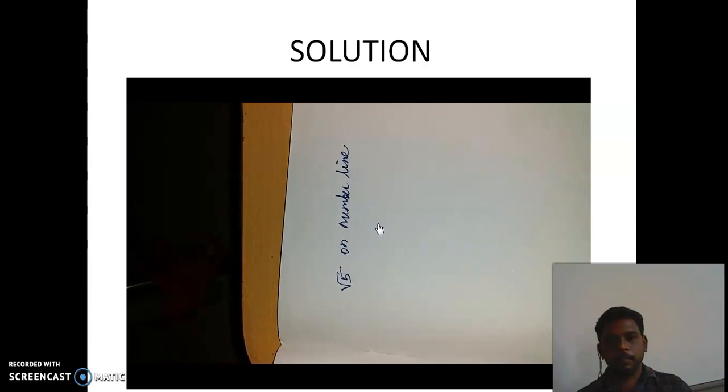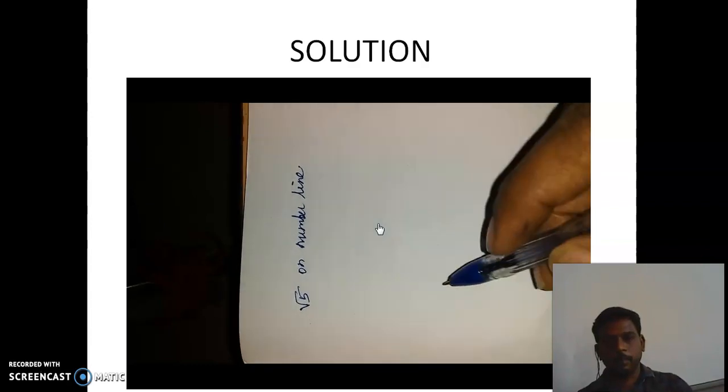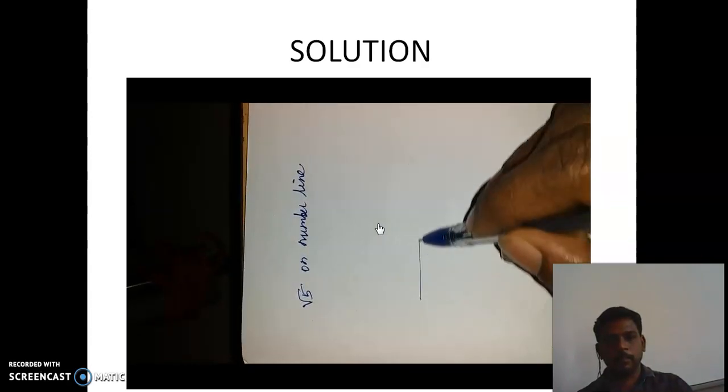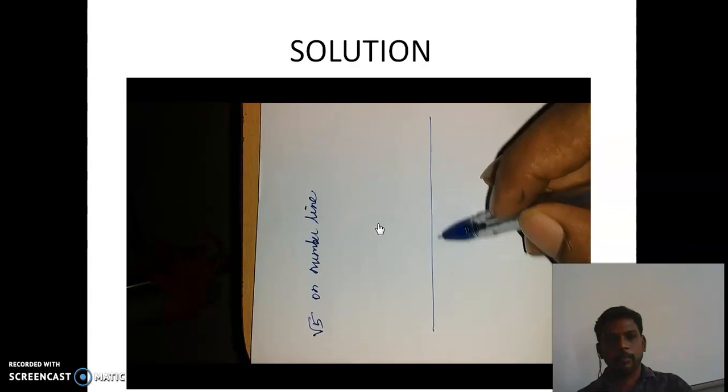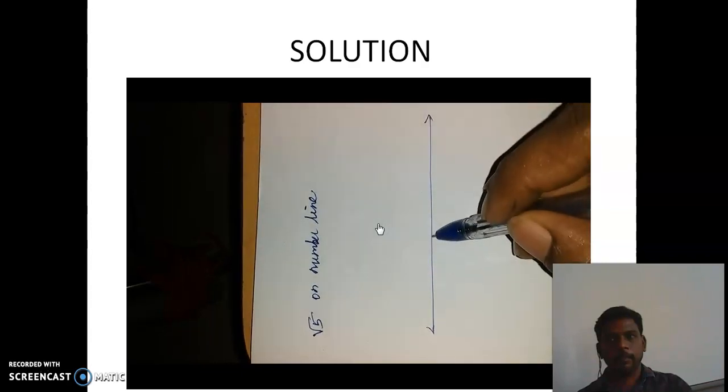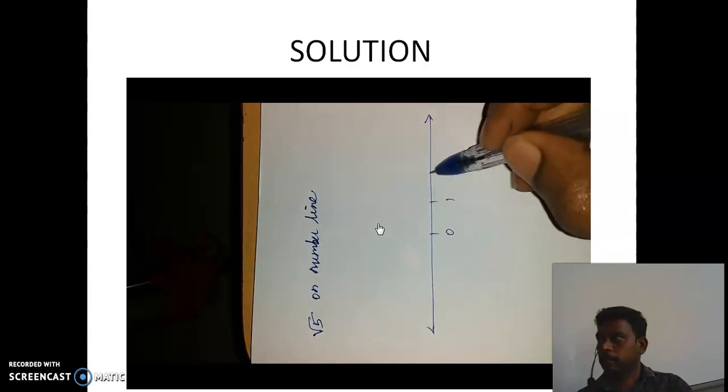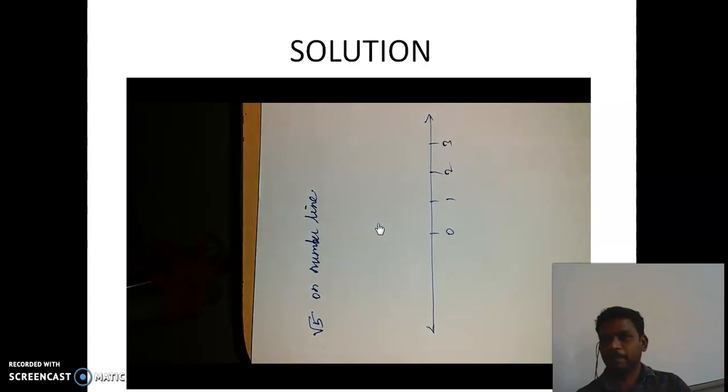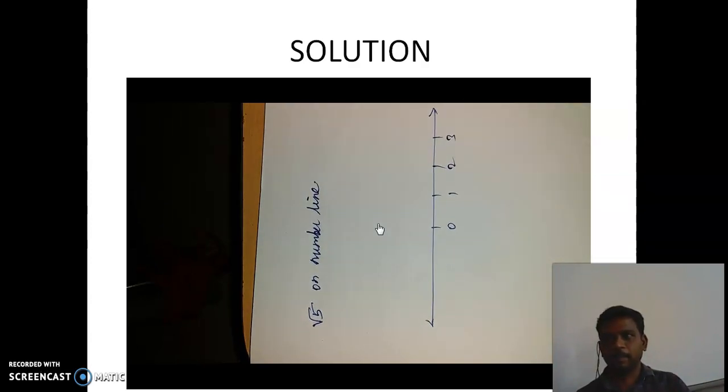Next we are going to see how to represent root 5 on the number line. The same procedure. First we are going to draw one number line: 0, 1, 2, 3. Here also we are going to draw one right triangle, but with a base of 2 centimeter.